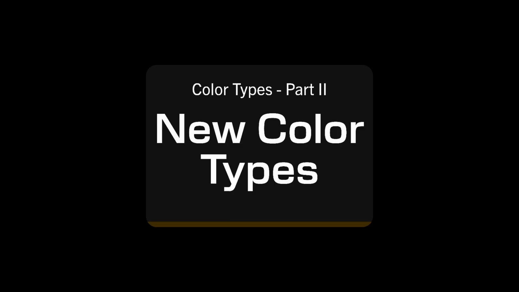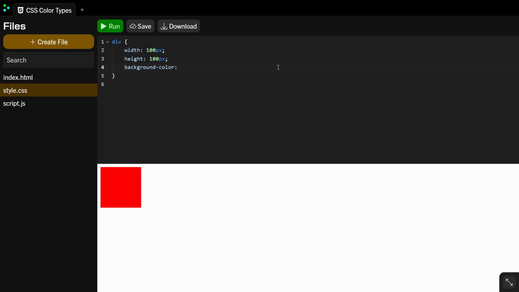Now let's look at some more modern color types that we can use. The first one is known as HSL, and it stands for hue, saturation, and lightness. The hue can be set as an integer from 0 to 360, or it can be an angle measure like 15 degrees, which is the same thing as just omitting the degrees.